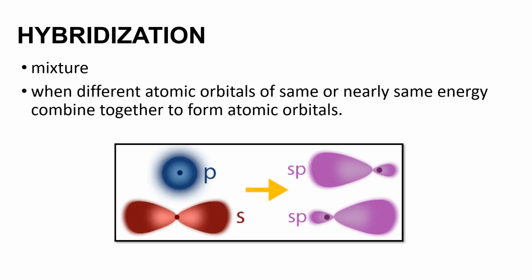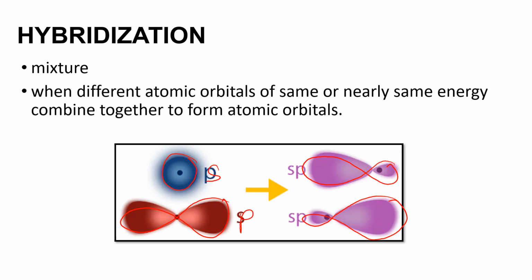And similarly, when you consider two atomic orbitals which are different from each other, for example, an s orbital and a p orbital, you can form an sp orbital which will look like this, or it could look like this. So two orbitals mixed together or combined together also form hybrid orbitals.